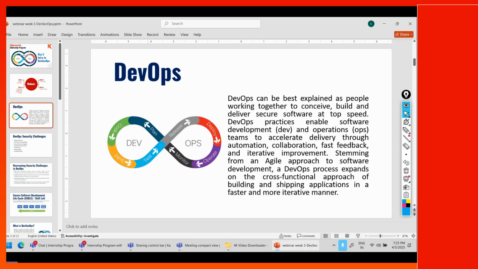DevOps can be explained as people working together to build and deliver secure software at top speed. DevOps practice enables software developers and operations teams to accelerate delivery through automation, collaboration, fast feedback, and iterative improvement. Basically, we're talking about using agile methodology, where the software lifecycle is shorter compared to the waterfall model.